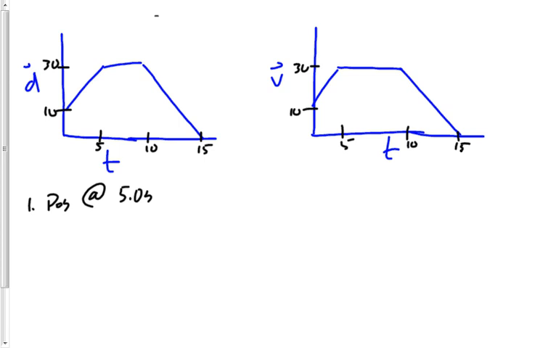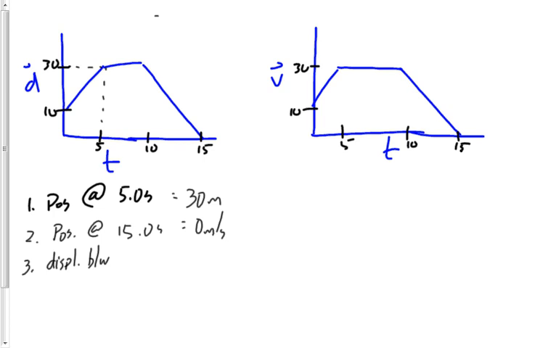So we go up, we go over, and the position at 5 seconds is 30 meters. That's easy enough, right? What if I ask you for the position at 15 seconds? Well, that's even easier because at 15 seconds it goes through the x-axis, so the position at that point is 0 meters.